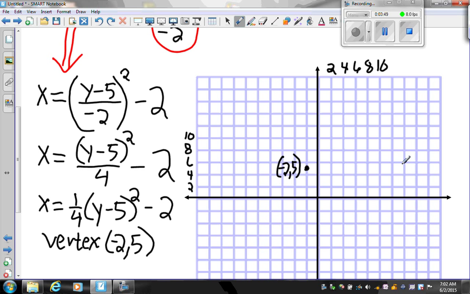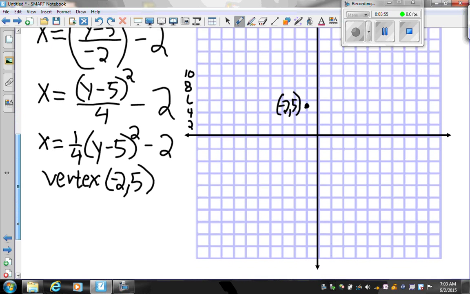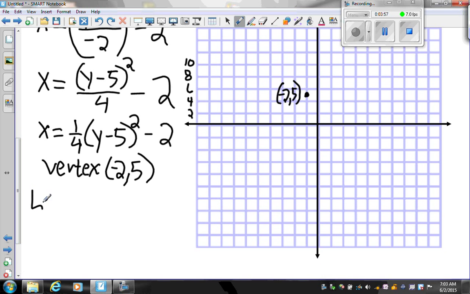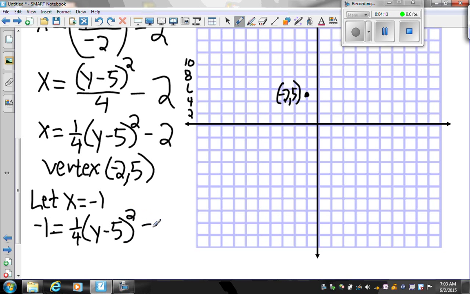We can find a couple of other points on the graph by, for instance, picking an x and finding the y's that correspond to it. So let's let x equal negative 1. Then negative 1 is equal to 1/4 times y minus 5 squared minus 2.